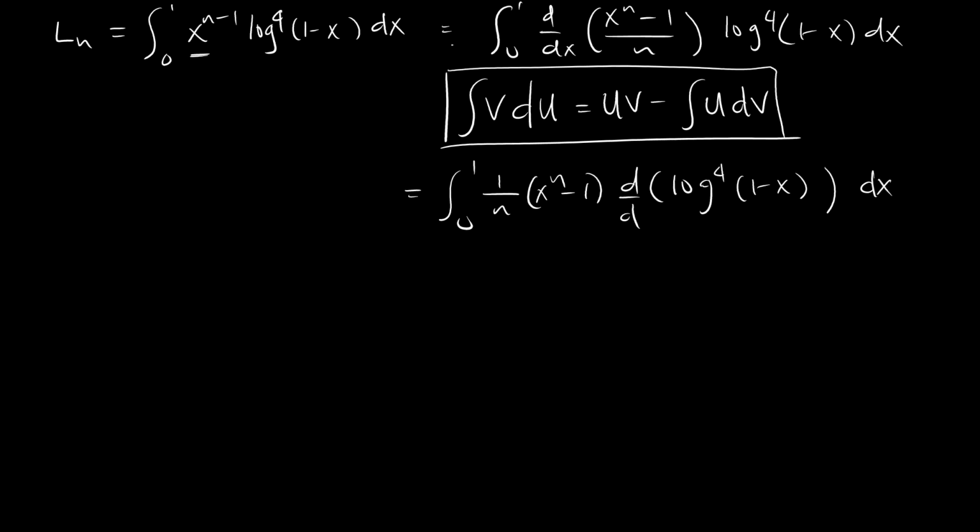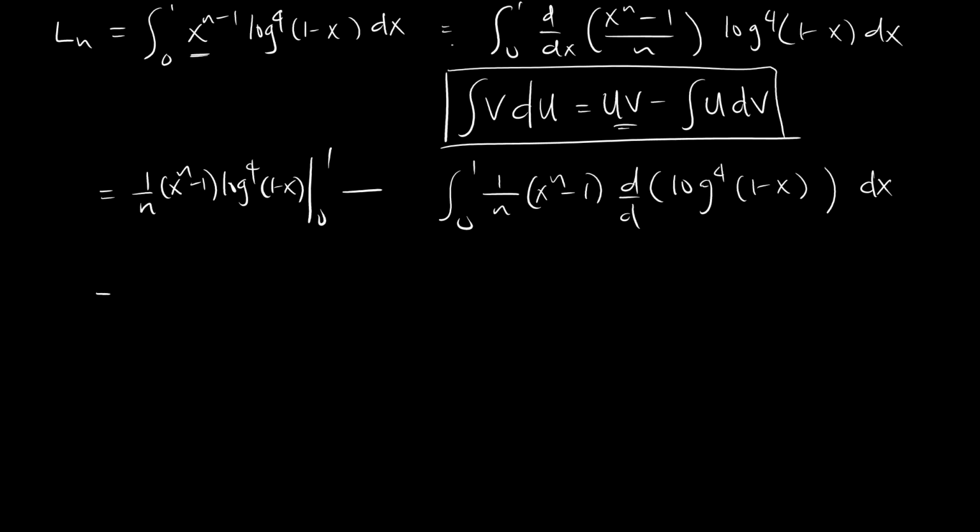But before we even go there, I had eliminated a very important step, and that is the uv part, which is 1 over n, x to the n, log to the 4 of 1 minus x, from 0 to 1.